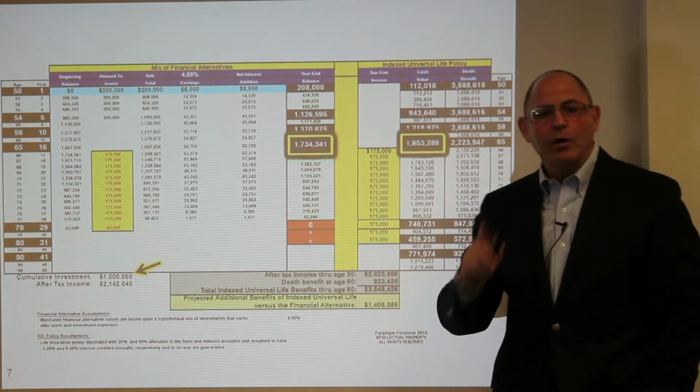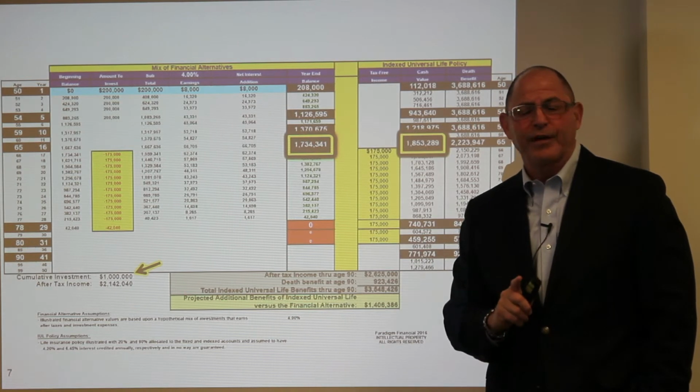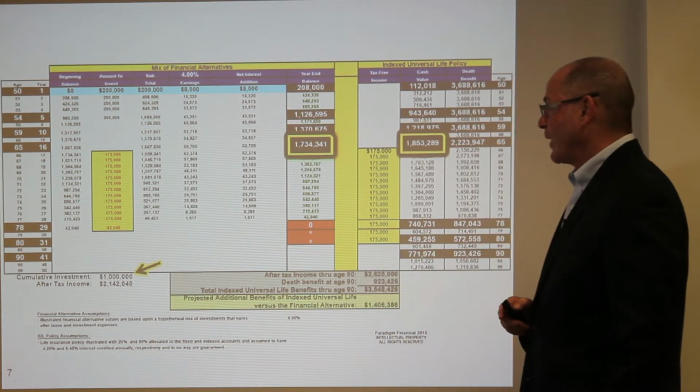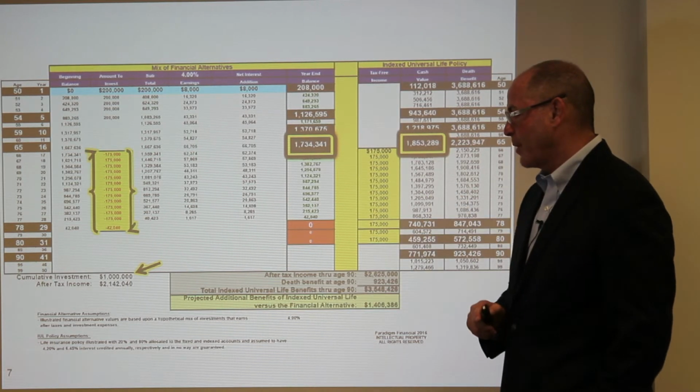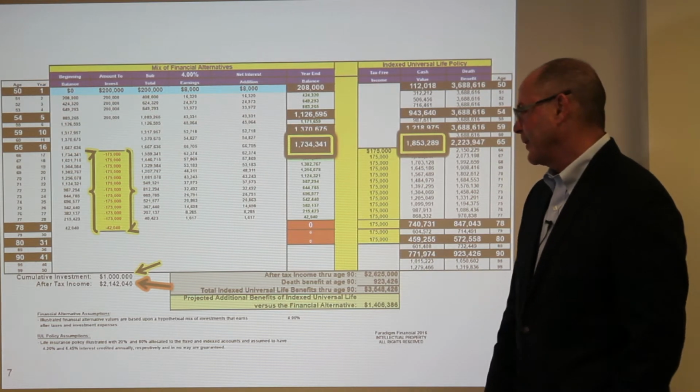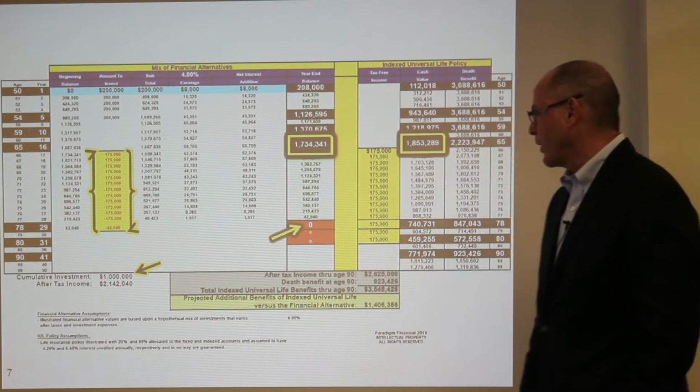But the IUL is so much more cost effective, even taking into account costs. What happens when I sell the stocks and bonds, you'll remember I can take out $2.1 million, but at age 78, everything is gone.